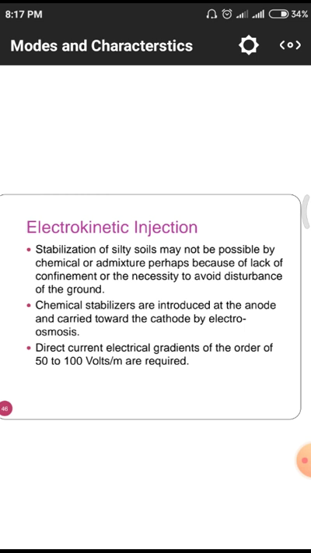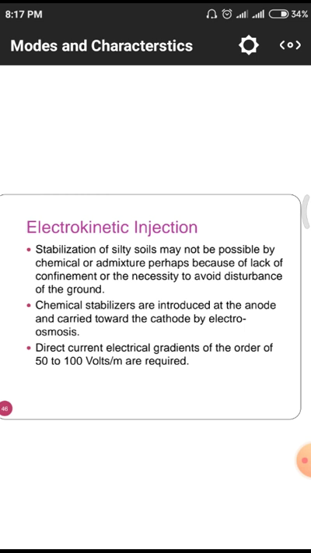Those chemical and mineral admixtures are responsible for filling the void, and to fill the void and give it strength they need some quantity of reaction. Here we are giving a direct electrokinetic force, and that force gives charge to the particles. Due to that charge the total reaction takes place and strength is obtained.